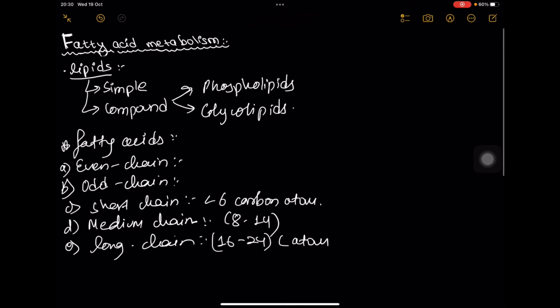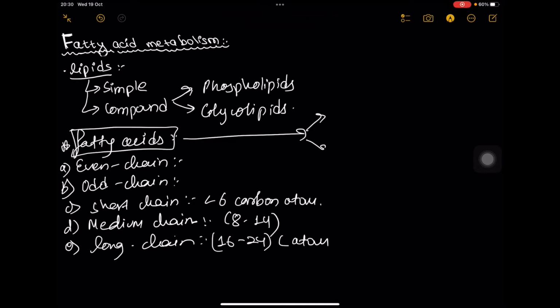Another very important classification of fatty acid is on the basis of saturation of the hydrocarbon chain. So we can divide them into two main headings. One will be the saturated fatty acids, and another will be the unsaturated fatty acids.